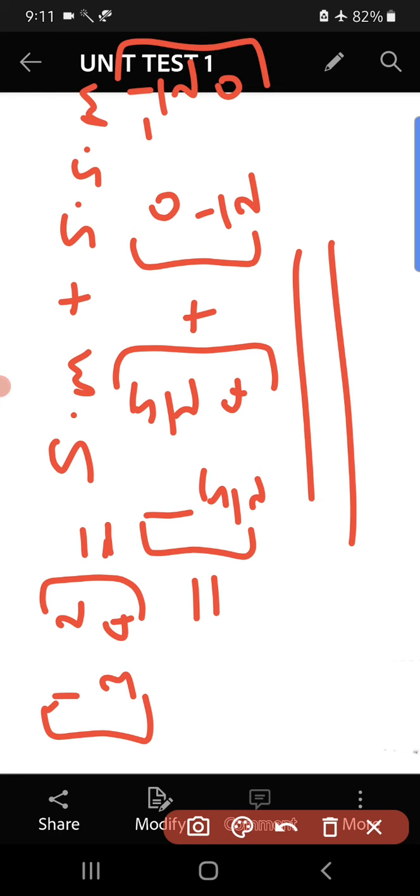So this completes the solution for the 15th example. It can be written as the sum of a symmetric and a skew symmetric matrix. The point you should remember here is any square matrix can be written as the sum of a symmetric and a skew symmetric matrix.